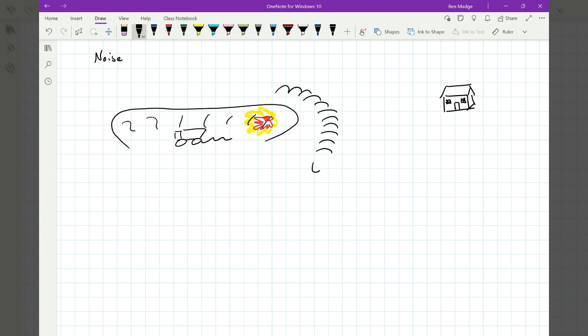So these embankments are also sometimes called baffle mounds. They help to absorb and deflect the noise that is produced by these noisy activities.